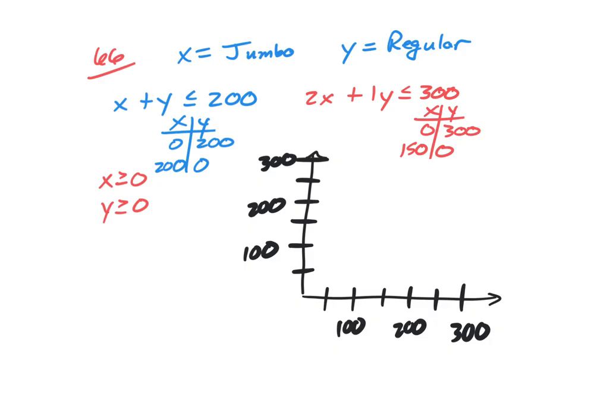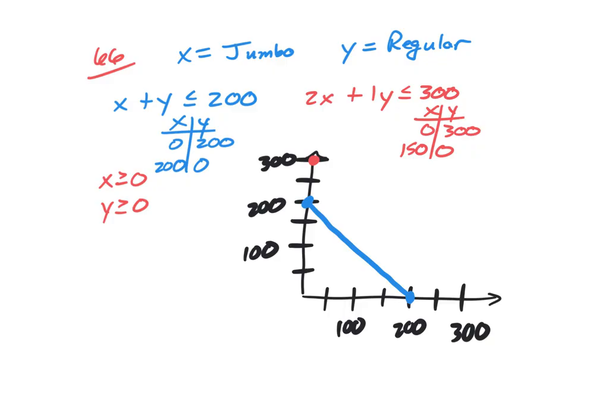Okay, we already know that we're confined to the first quadrant. That's what the x and y greater than or equal to 0 will do. For the first graph, 200, 200, make our line. For the second graph, 0, 300. Just make sure that you put them on the right axis, okay?